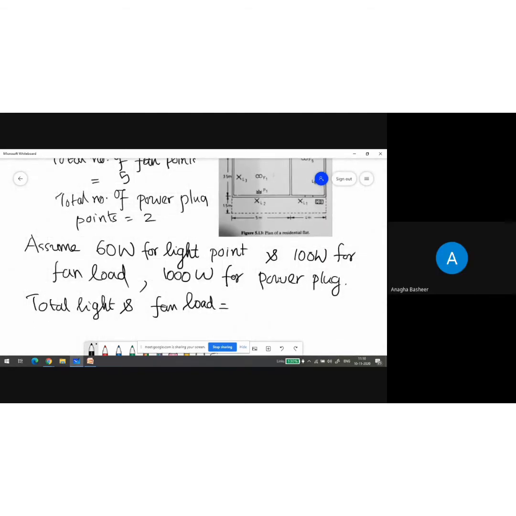So 8 into 60 plus 5 points, 5 number of fan points, so 5 into 100. How much? 980 watts.